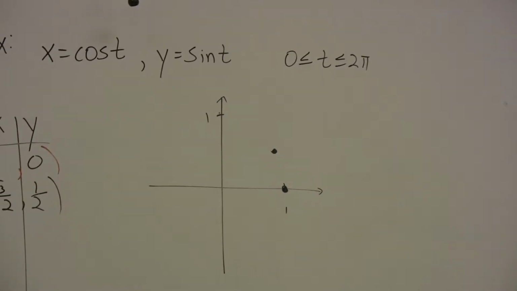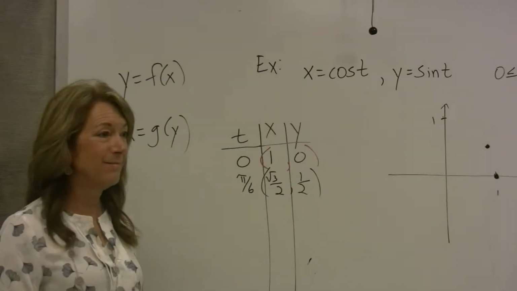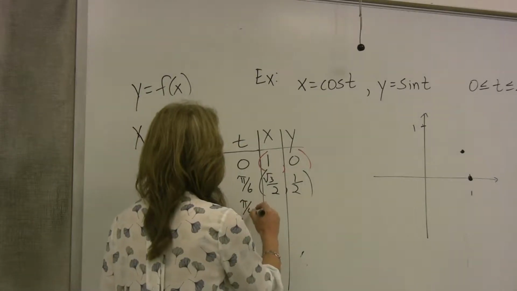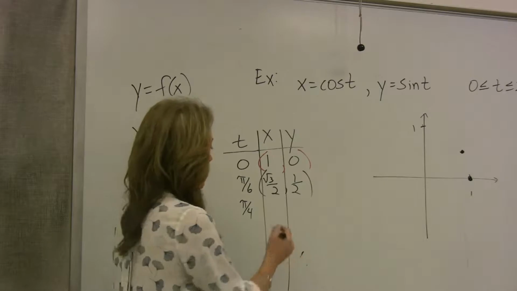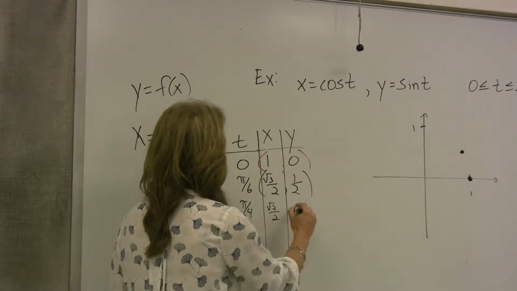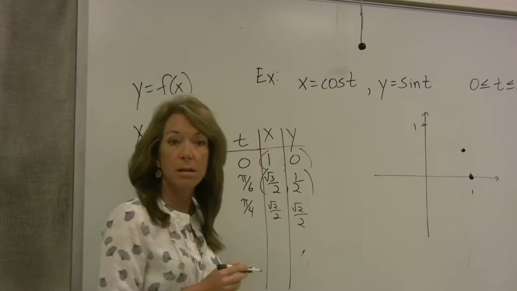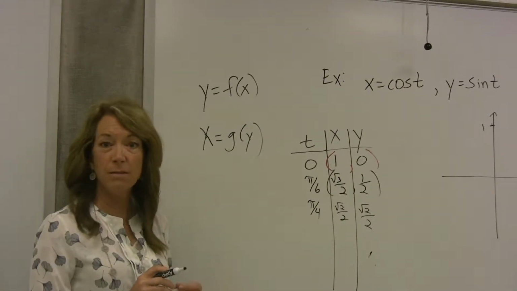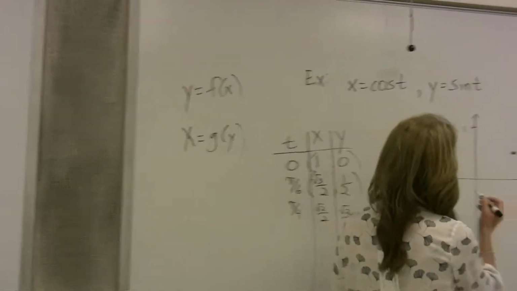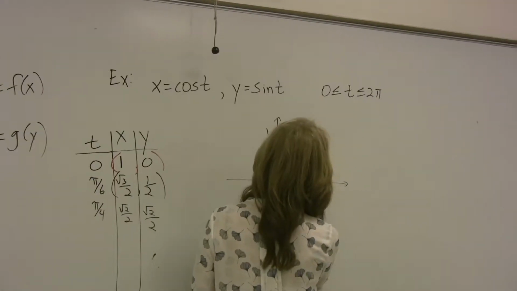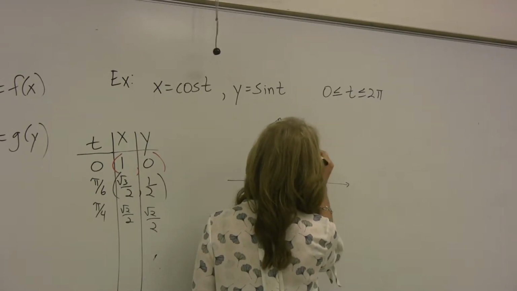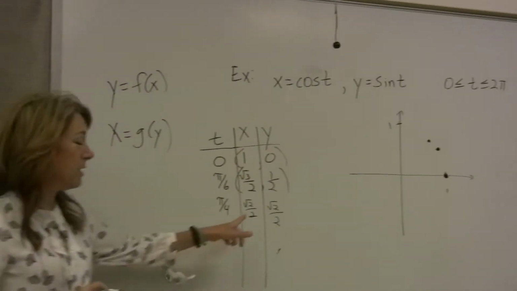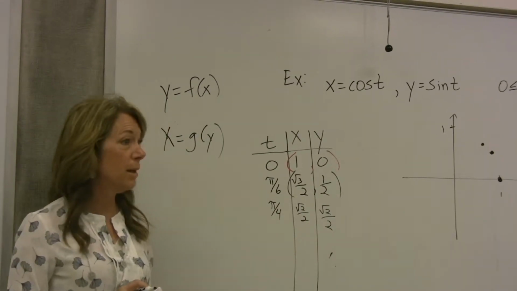Guess which one I'm going to pick next for t? Pi over 4? Yeah, I'm just going to keep going and do pi's that I know. Pi over 4, both the cosine and the sine are root 2 over 2, which are around 0.7. So if I come over here, approximately 0.7 and up 0.7, I may be here. Just plotting points. I'm turning those into decimals as I do it, because I can't find them by looking at them that way.